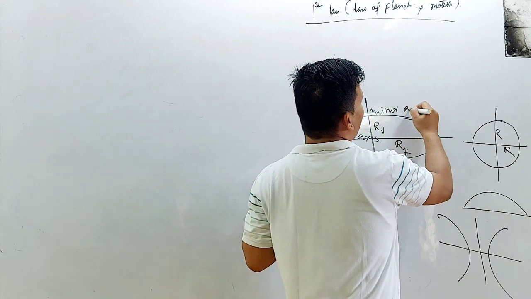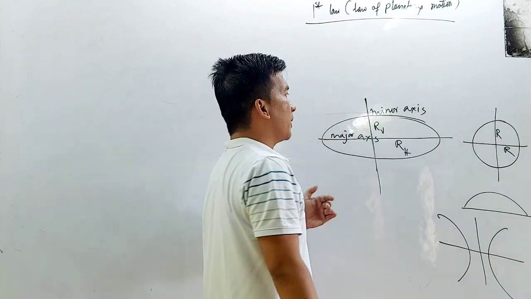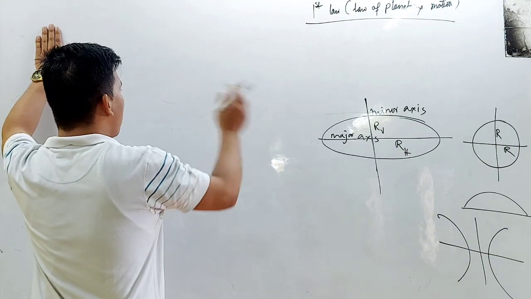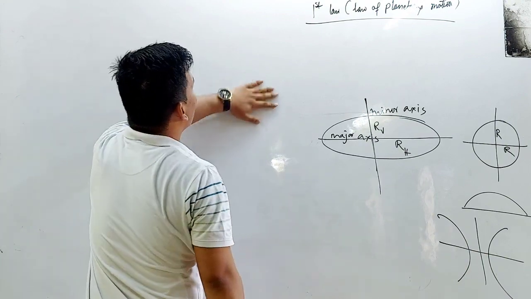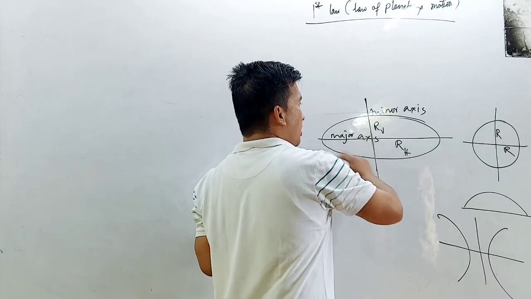In very simple terms, every planet moves in this shape, which is an ellipse.